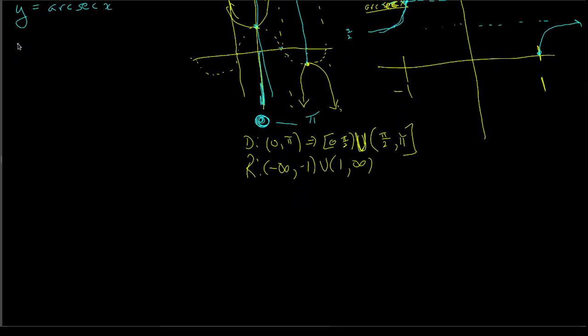So we're going to say that we're going to make this our arc function, which means the function that it came from will be secant x.